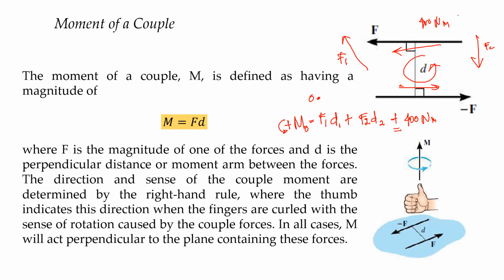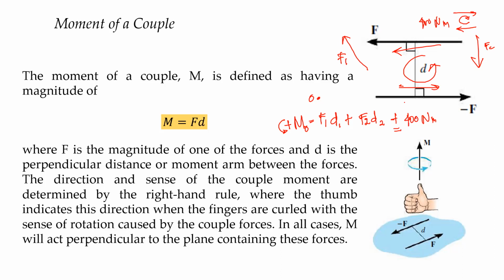But if our couple is going to the left at the bottom and going to the right at the top, it creates a clockwise moment, so we subtract 400 Newton meter. And don't worry, it is provided in the example, where F is the magnitude of one of the forces and D is the perpendicular distance or the moment arm that separates the two.